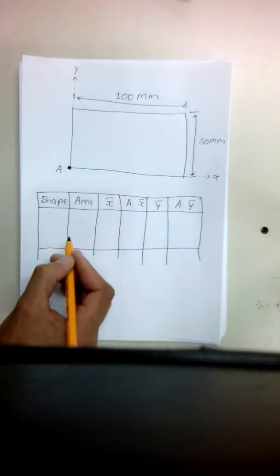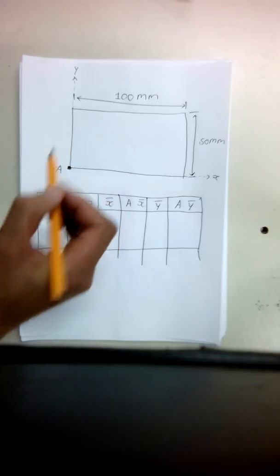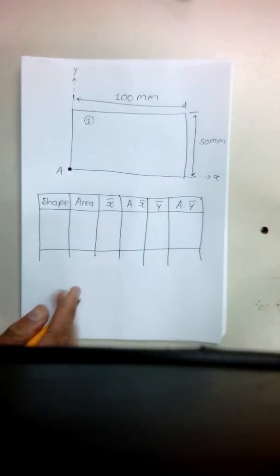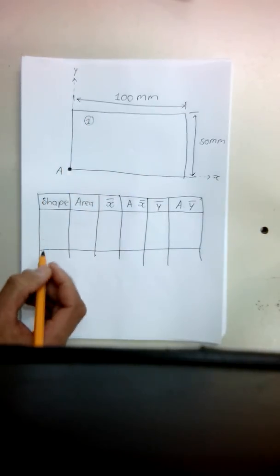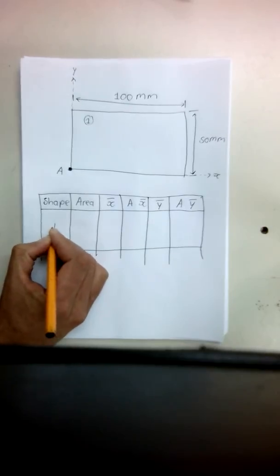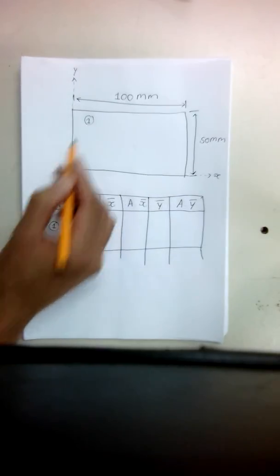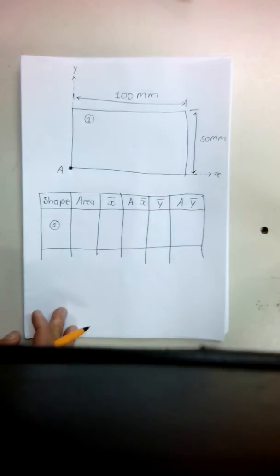So we have only one shape that we're working with, so I will be writing 1 in the shape column, and this gives reference to that object, which is the rectangular object.